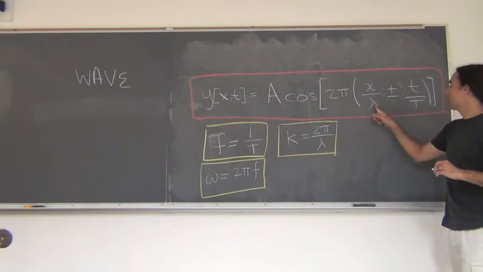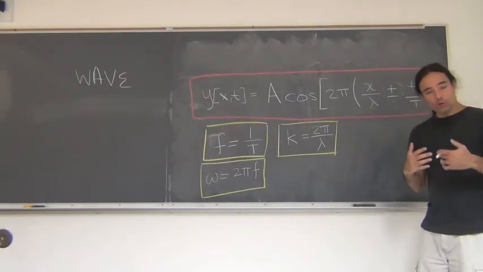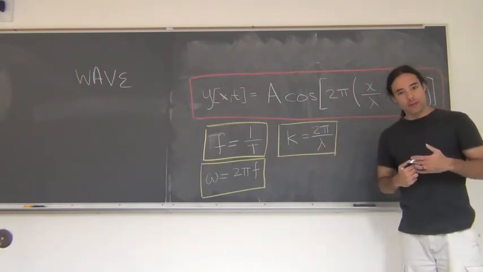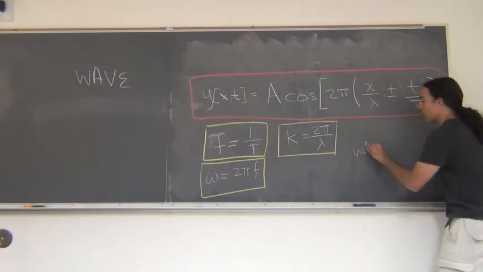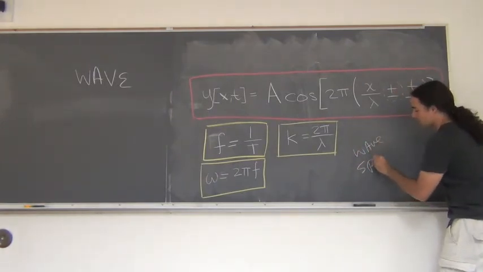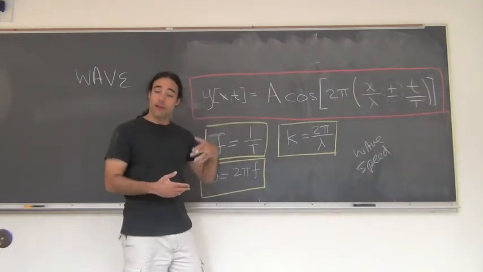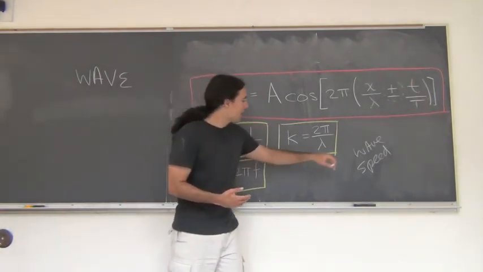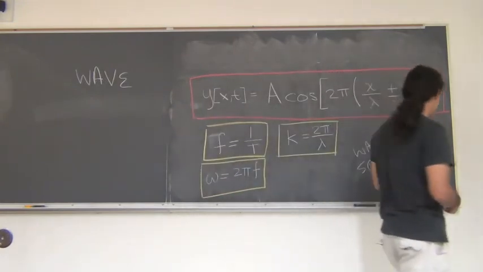So here I have a wavelength, and I have a period. Well, we can relate those two things by the speed of the wave. So if I have my wave speed, it's not too hard to do dimensional analysis on this. I know speed has units of meters per second. Therefore, wave speed should have units of meters per second.